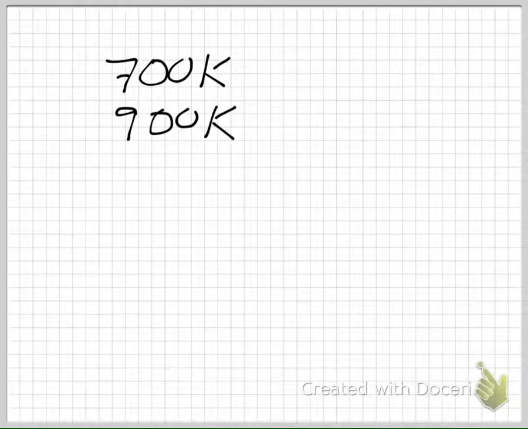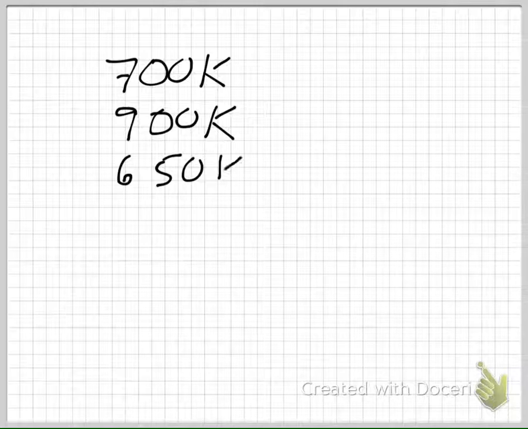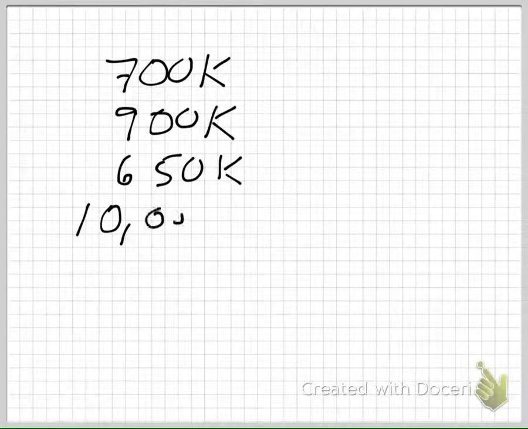Possible? Absolutely. That same week, a different house sold for $650,000. Possible? Absolutely. Another house up on a hill that has like 10 acres sold for $10 million. Now, hold on. Is that possible? Yes, absolutely.